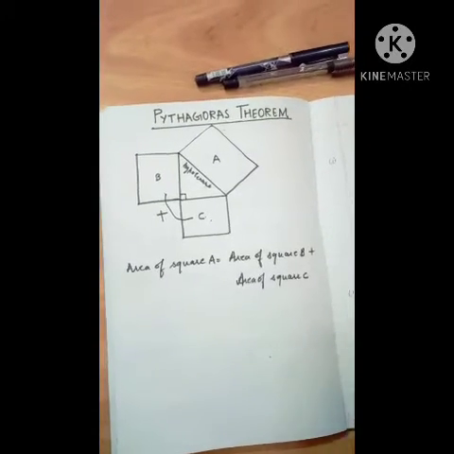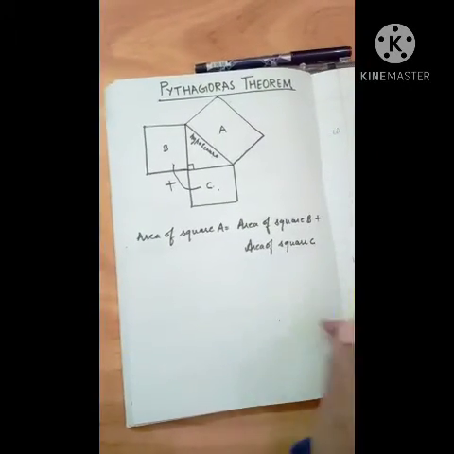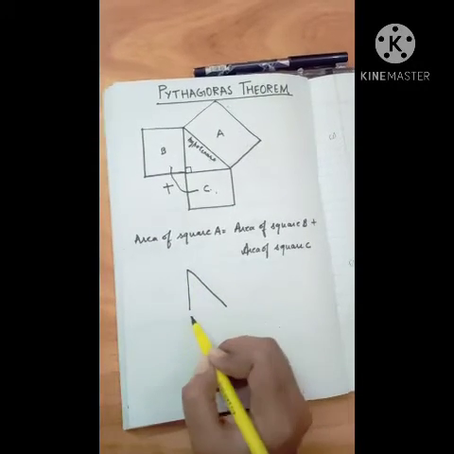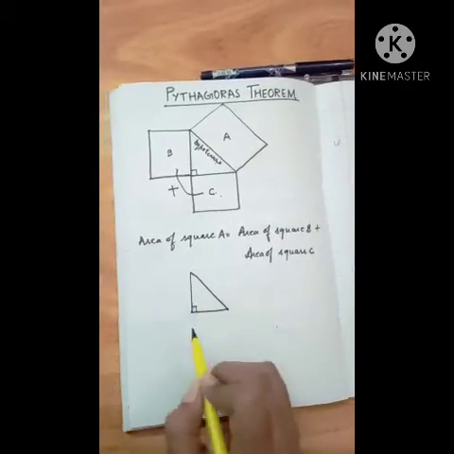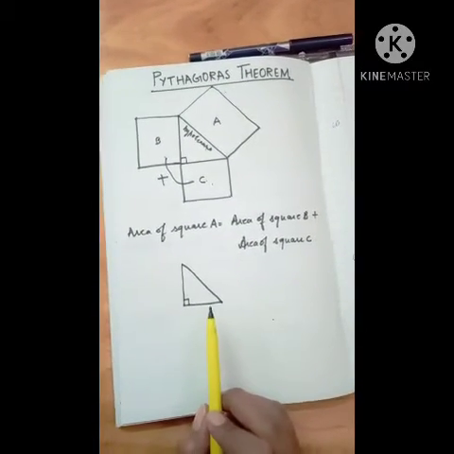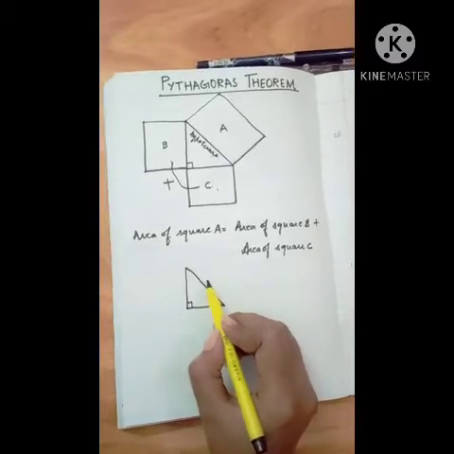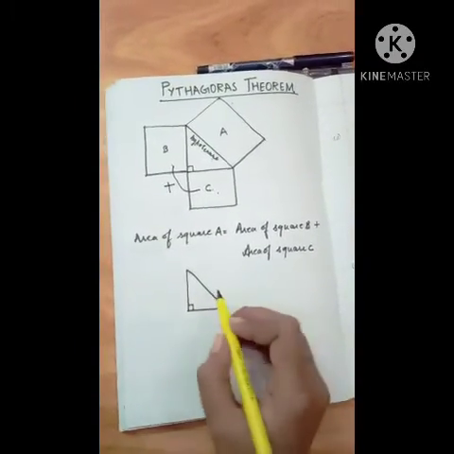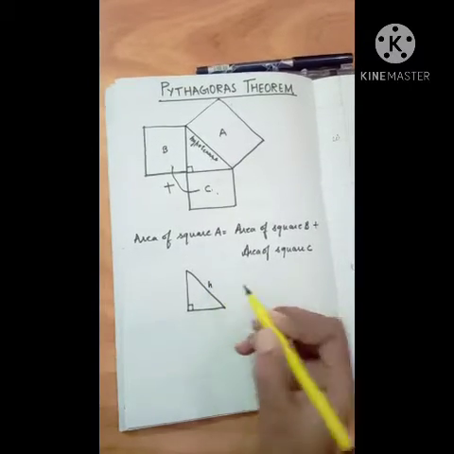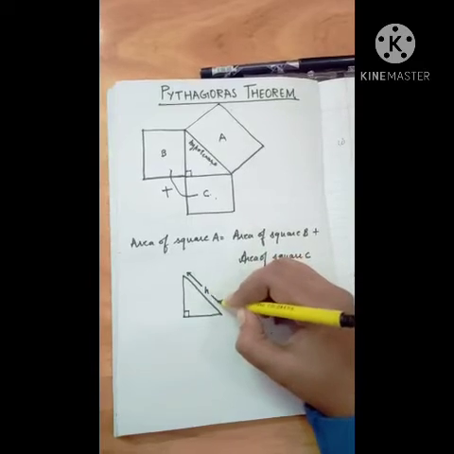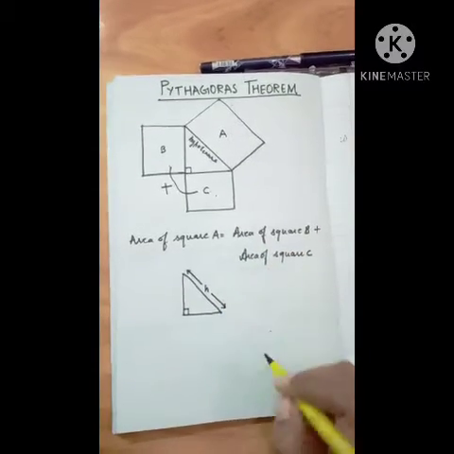Now again, suppose this is a right angle triangle, right? So in a right angle triangle, the longest side is known as the hypotenuse. Let's denote this side by the small letter h.